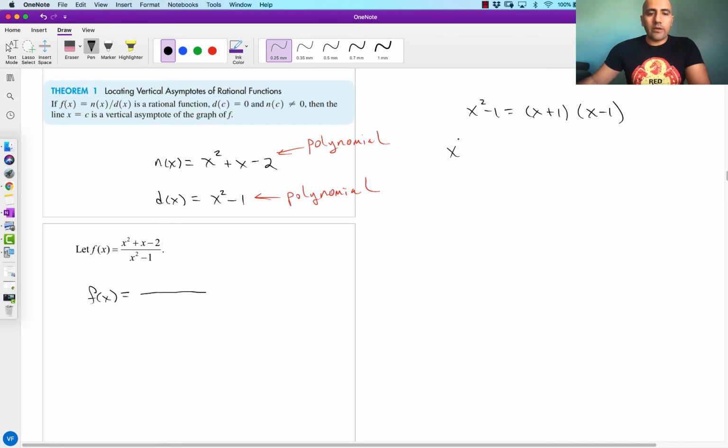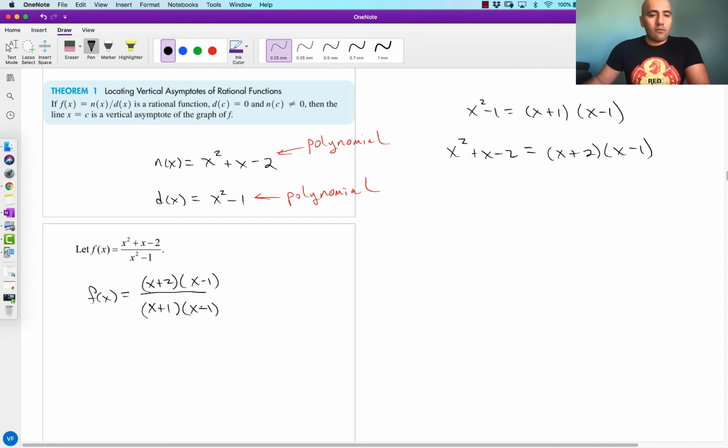And x squared plus x minus 2: two numbers that multiply to negative 2 but add to positive 1. That's going to be x plus 2 times x minus 1. Good. So that's how that one factors. So if I factor this, I'll end up with x plus 2 times x minus 1 in the numerator, and x plus 1 times x minus 1 in the denominator.